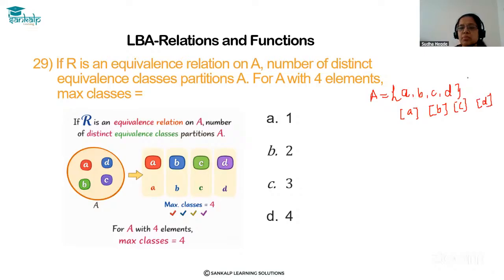So the possible number of classes is 4, isn't it? Correct? So how many elements are there in A? That many classes you can form. Therefore, option D, 4, is the correct answer. Thank you.